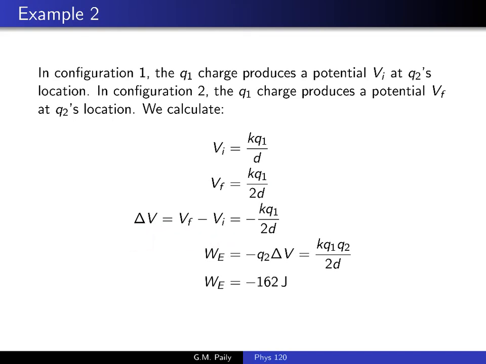Delta V, which is V final minus V initial, is minus KQ1 over 2D. And therefore, the work done by the electric field as we move the charge Q2 through a potential difference delta V is minus Q2 delta V, which simplifies to this. Plugging in numbers, we see that the work done is negative.